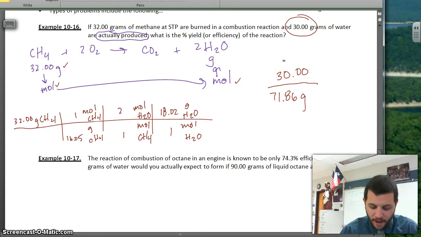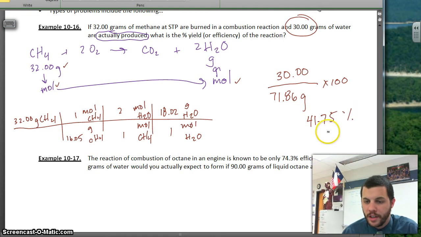So I'm going to divide 30 by 71.86 and hit enter, then multiply that by 100 to make it a percent. So this reaction was only 41.75% efficient. That's how you do percent yield.